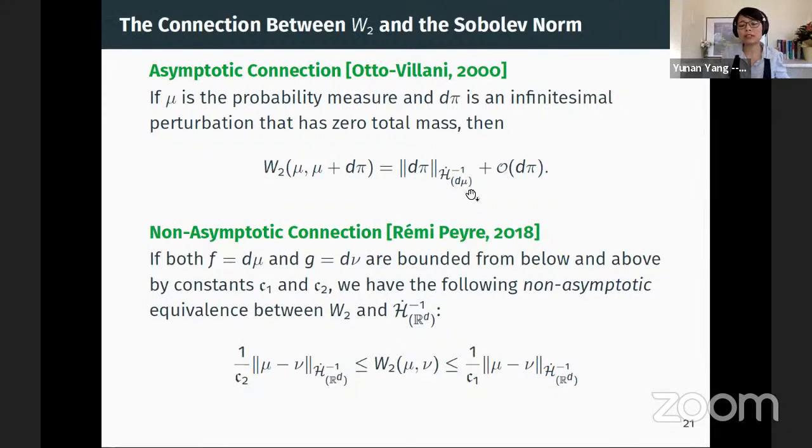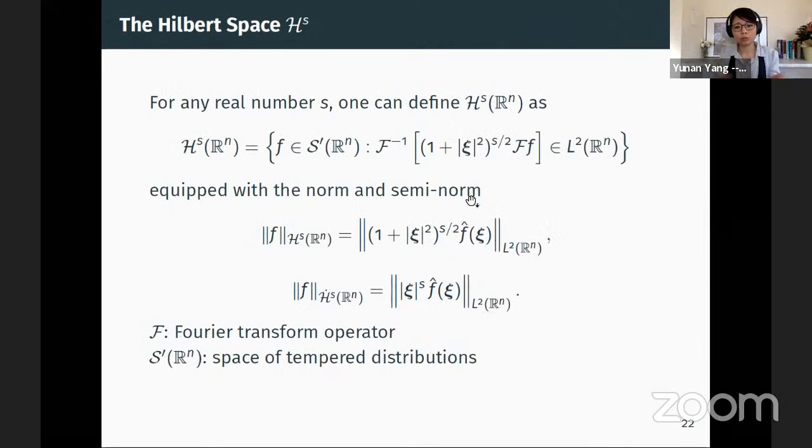And what is the h-1 norm? Here is a review of what we learn in functional analysis. H^s, the general space, is a space of functions or tempered distributions whose Fourier transform after weighting belongs to L2.